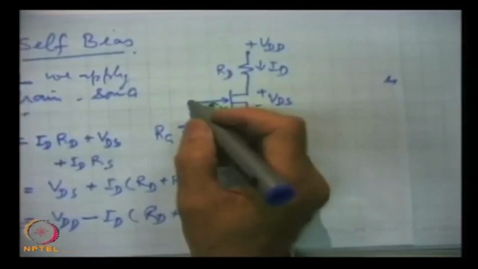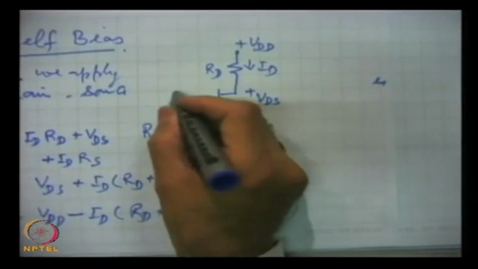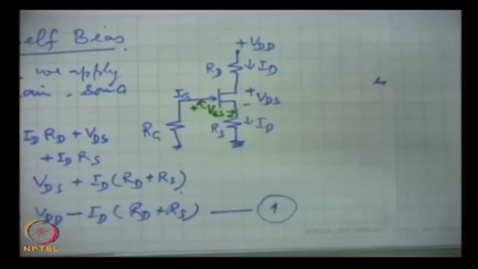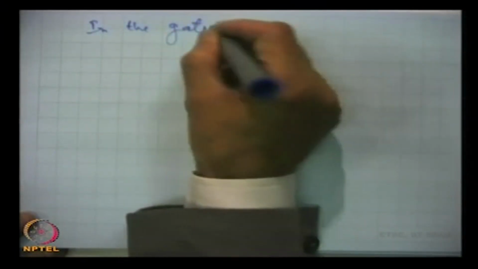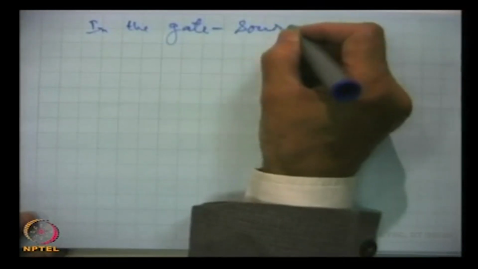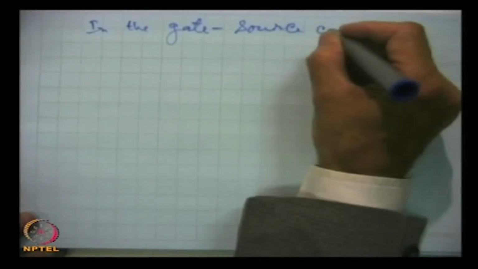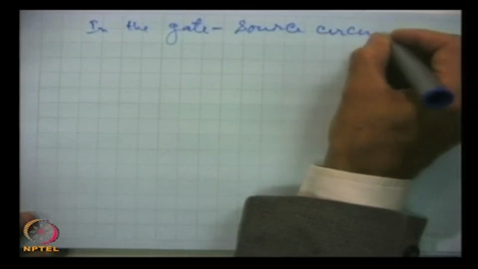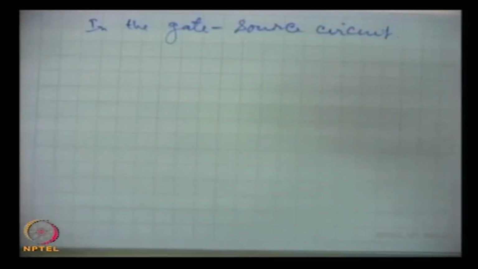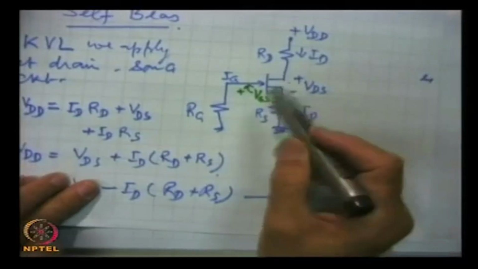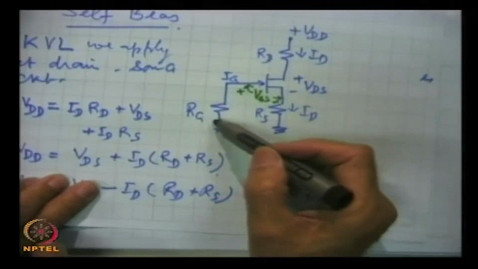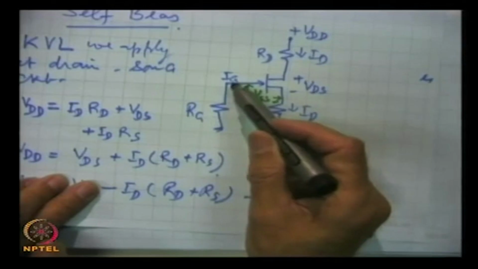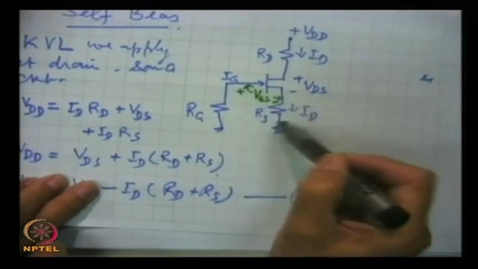Now, in the gate source circuit here, let us say the current Ig flows. Then in the gate source circuit there is a voltage drop across Rs because of Ig.